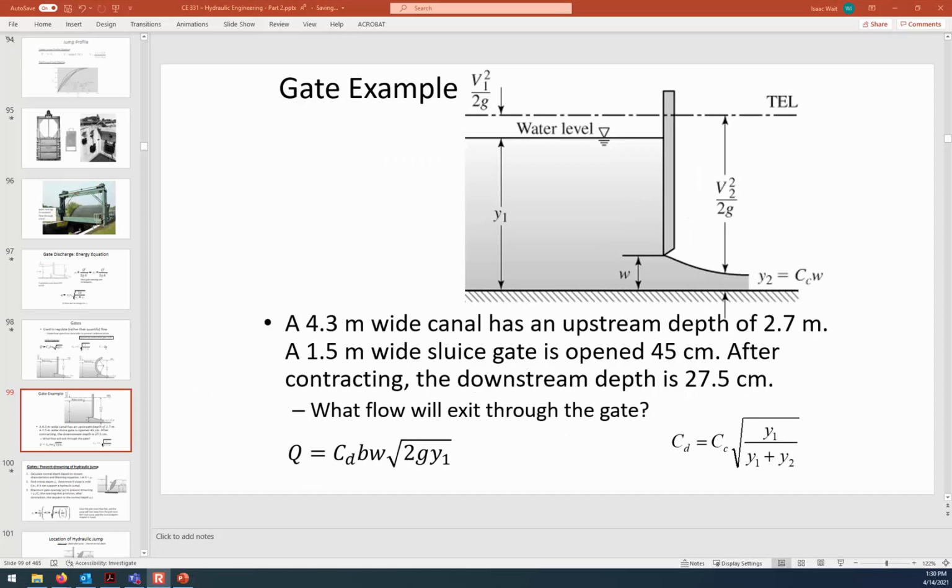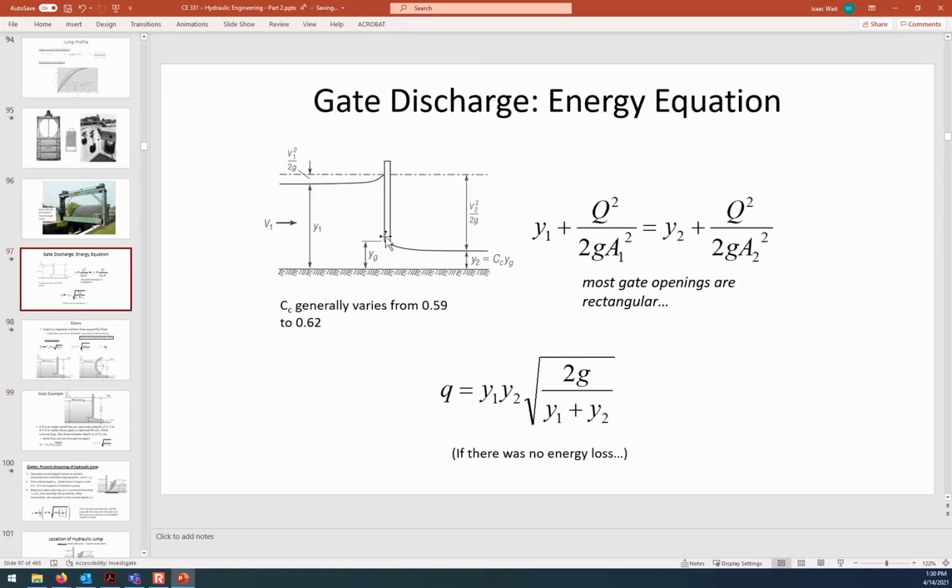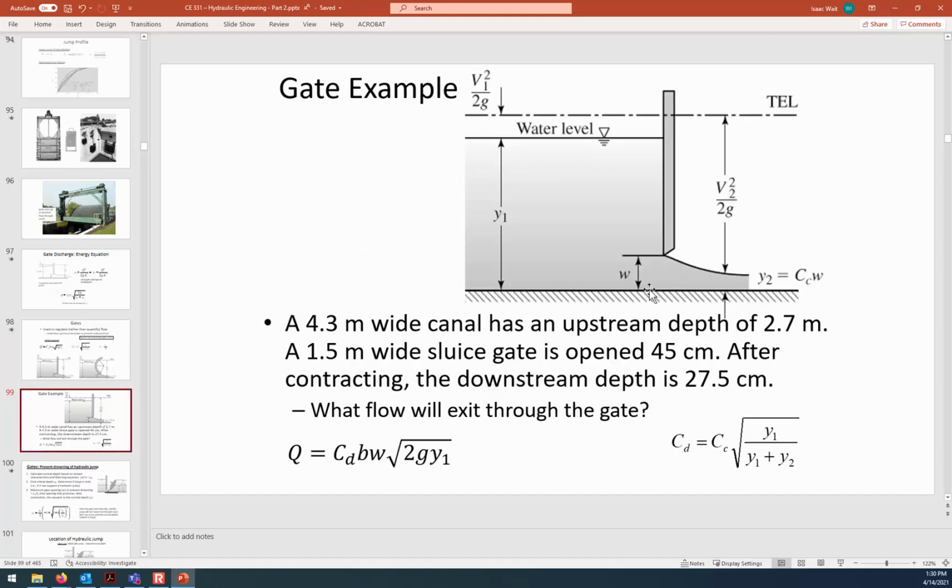Okay, I've changed this formula. Before, this term was Y sub G, that means the height that the gate is open by some texts. But this figure is referring to the gate opening height as W. So I changed this term to be W so that it's at least consistent on the same slide.